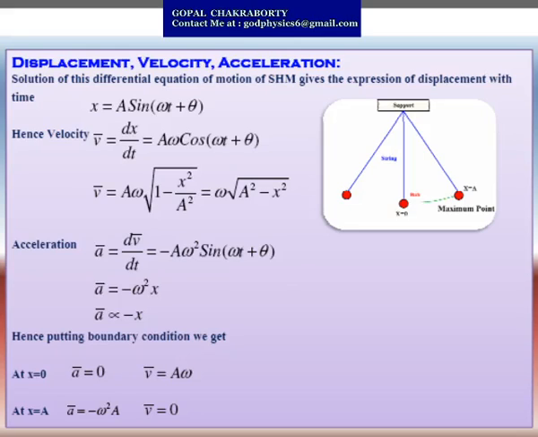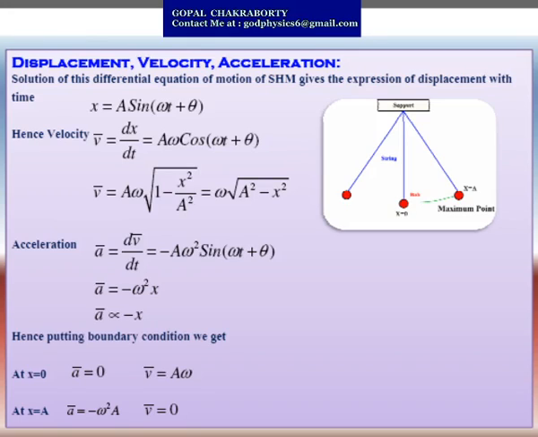Now, after knowing the expression of displacement x, it will be much easier for you to calculate the velocity of that particle executing simple harmonic motion and also its acceleration, because velocity is written as the rate of change of displacement.